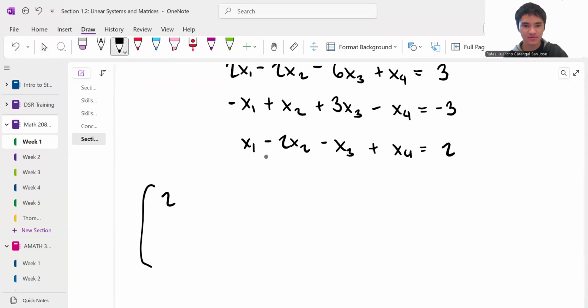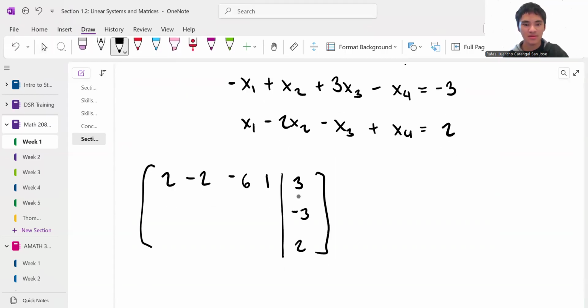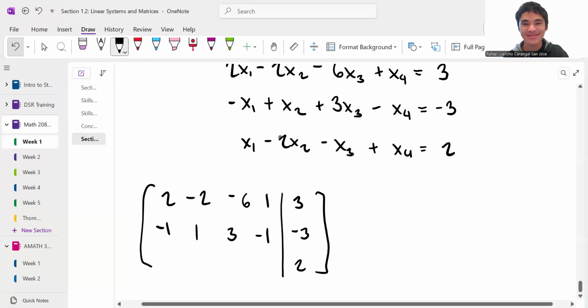So we have 2, negative 2, negative 6, 1. Constants are 3, negative 3, 2. Negative 1, 1, 3, negative 1. Shoot, my bad, I got confused with the coefficients and the subscripts.